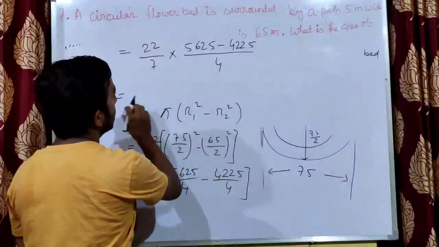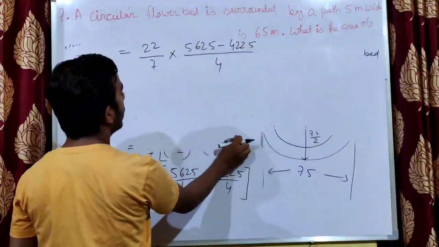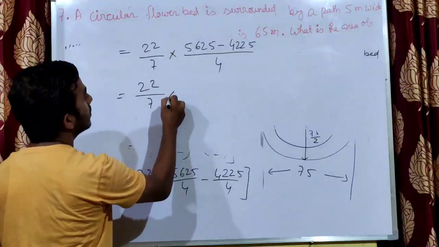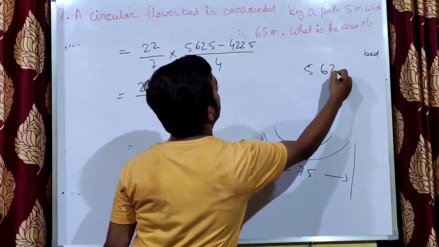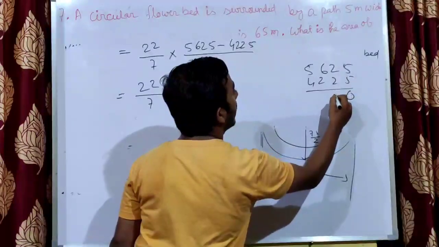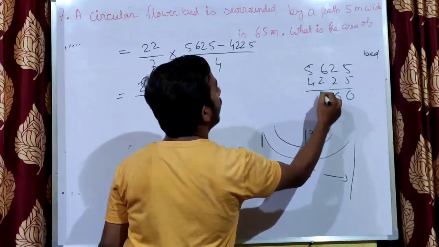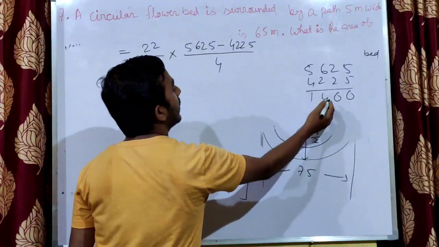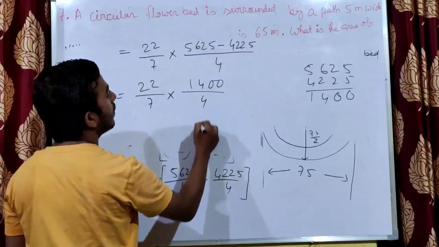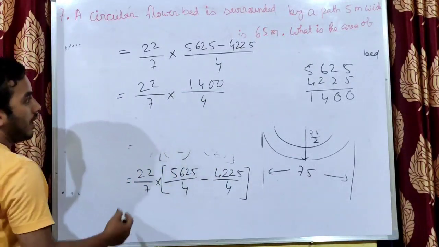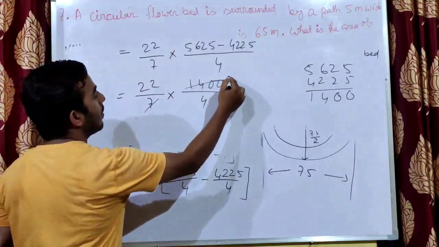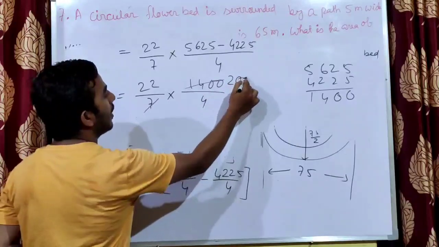So now if we subtract 4225 from 5625, it will be how much? 22 by 7 into, look here, 5625 minus 4225. 5 minus 5, 0. 2 minus 2, 0. 6 minus 2, 4. 5 minus 4, 1. That means 1400. 1400 divided by 4. Now look, here we will cancel 7 with 1400. 7 into 2 is how much? 7 into 2, 14. Then this 00.